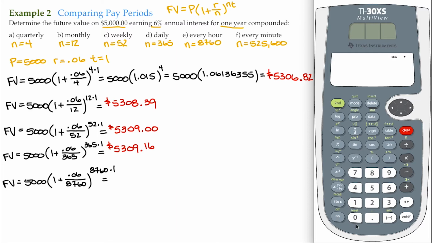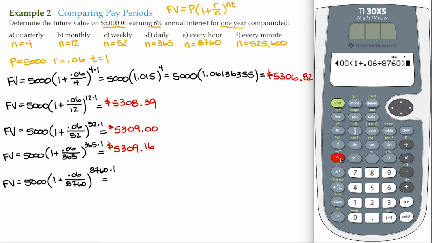Back to our calculator. 5,000 times 1 plus 0.06 divided by 8,760. We'll close off that parenthesis. Look at that.